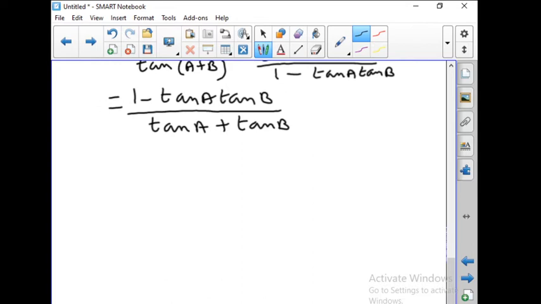So now we have to bring it to the form (cot A cot B - 1) by (cot A + cot B).